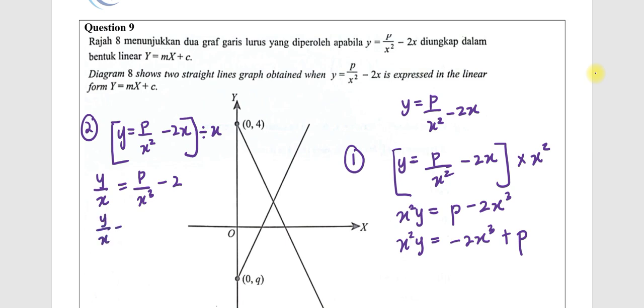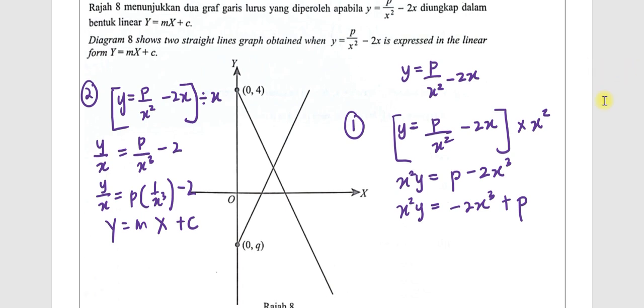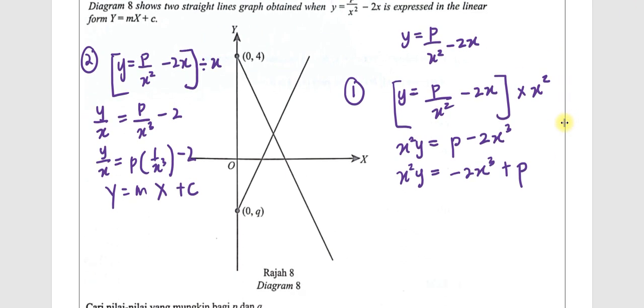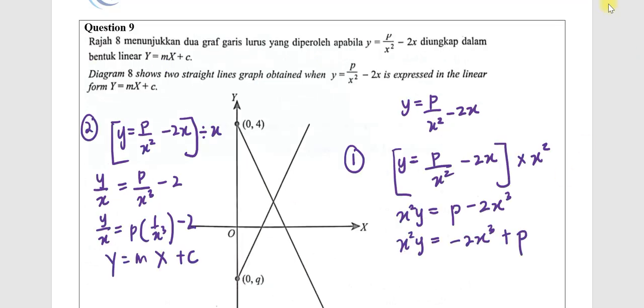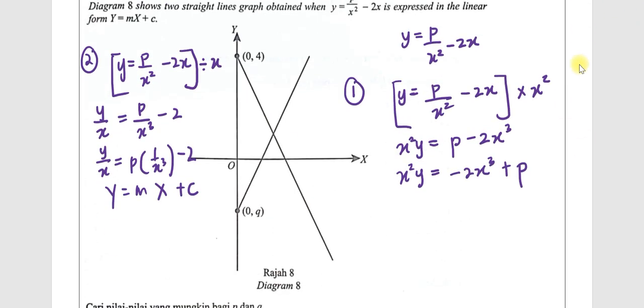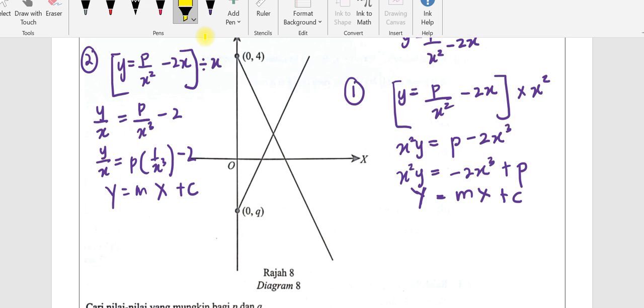Okay, kalau kita jadikan linear, kita akan buat macam ni lah. y is equals to mx plus c. Okay. Jadi yang ni pun kita ada y equals to mx plus c.